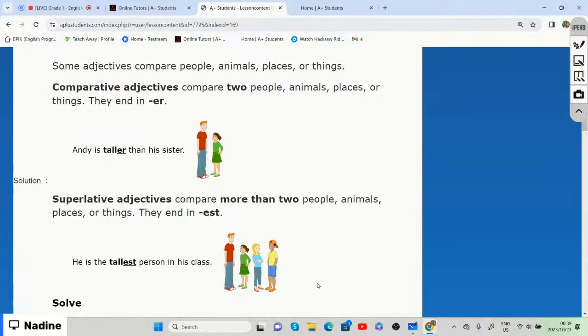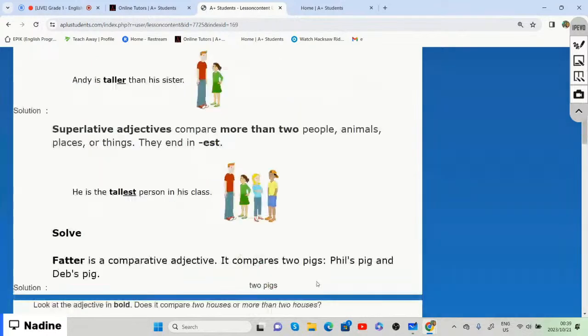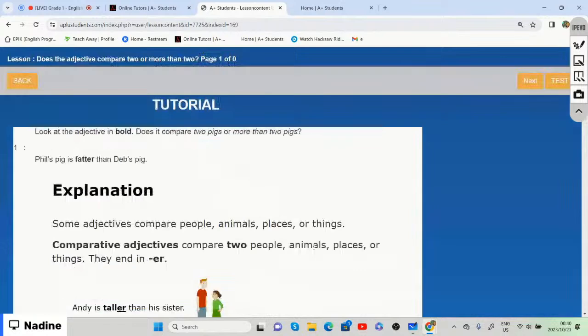All right. So if we look at the adjective, does it compare two pigs or more than two pigs? Phil's pig is fatter than Debbie's pig. We need to say if the word in bold is comparing two or more than two.